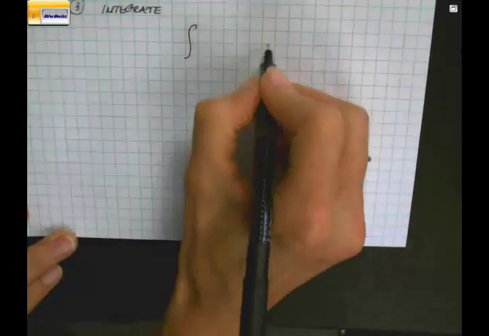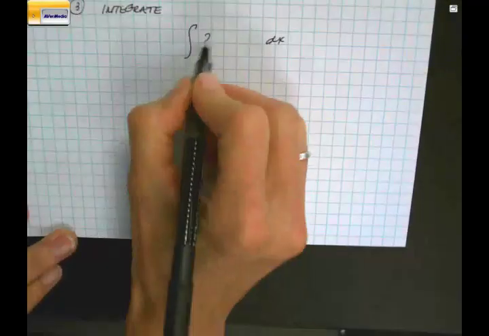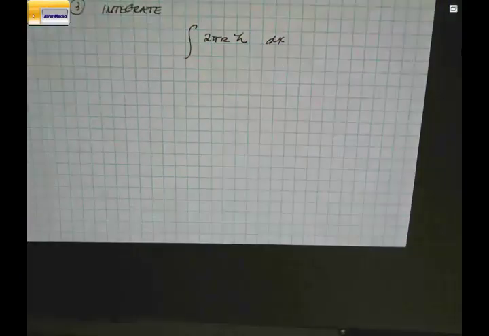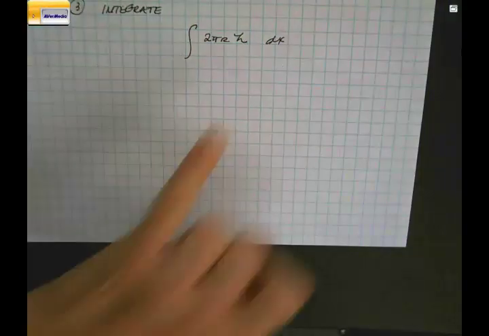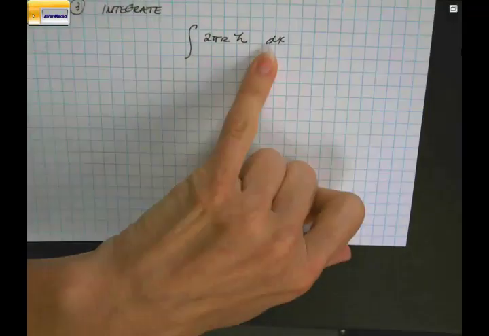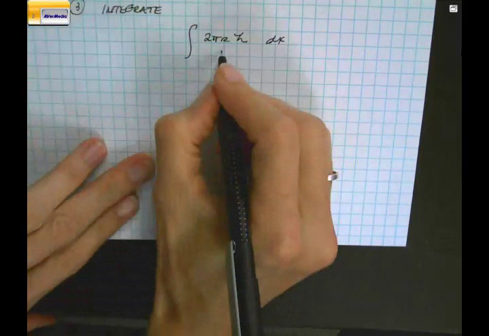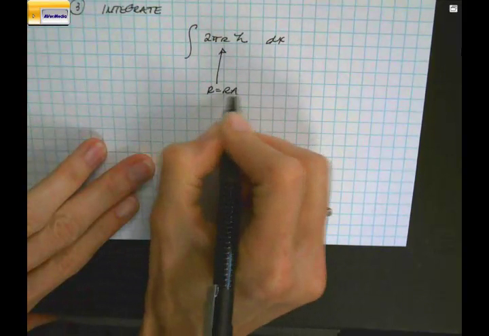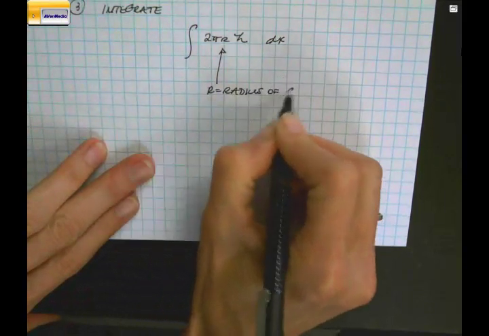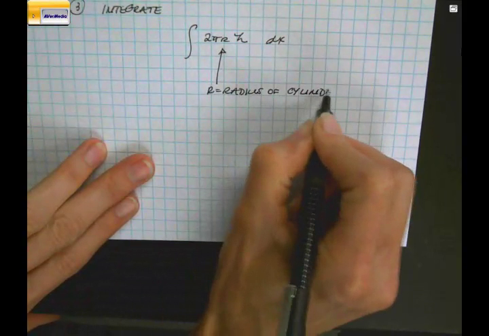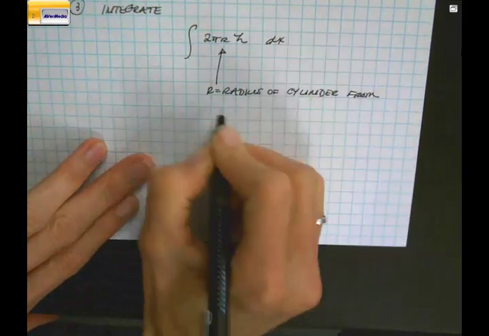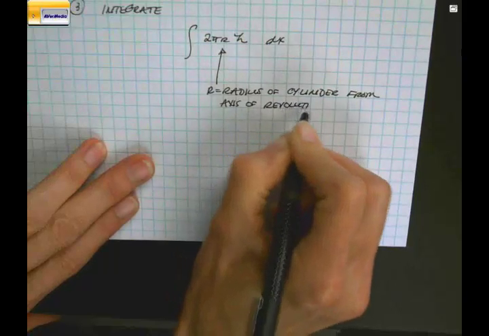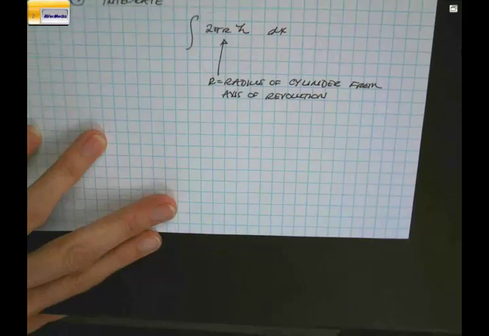if you integrate with respect to dx as above, and you're integrating 2 pi r h, 2 pi r times h being really the area of a rectangle, times the thickness, the thickness is going to give you the volume. When we do this, the r is going to be the radius of the cylinder from the axis of revolution.